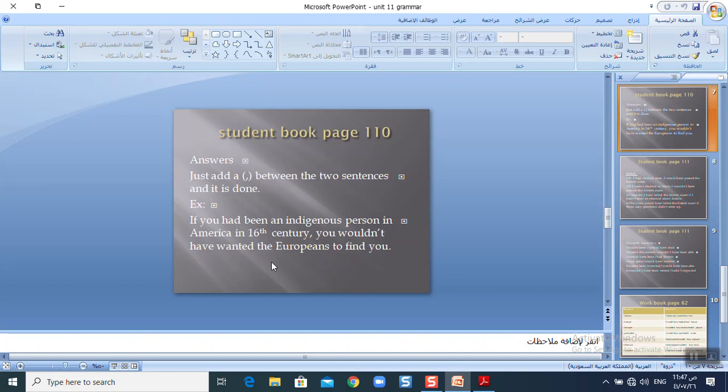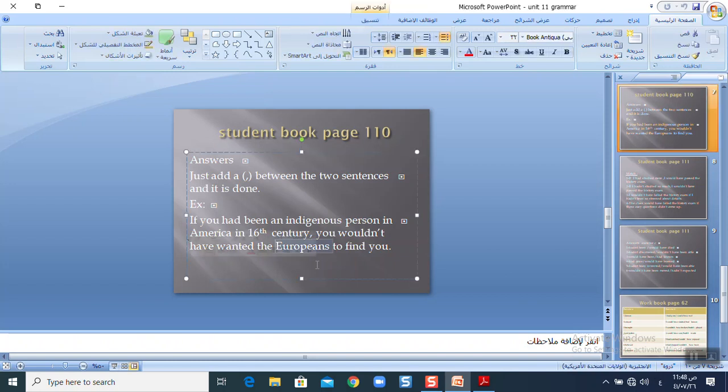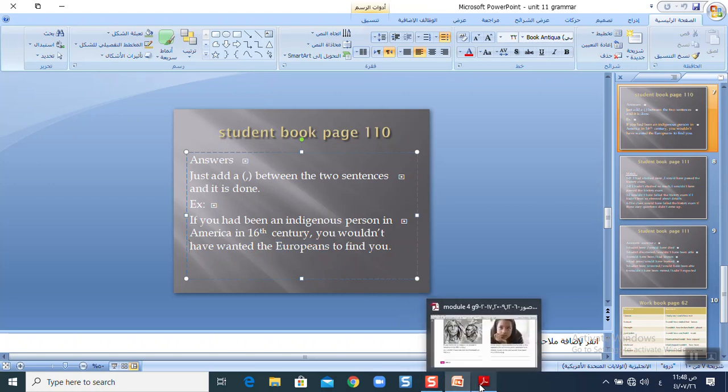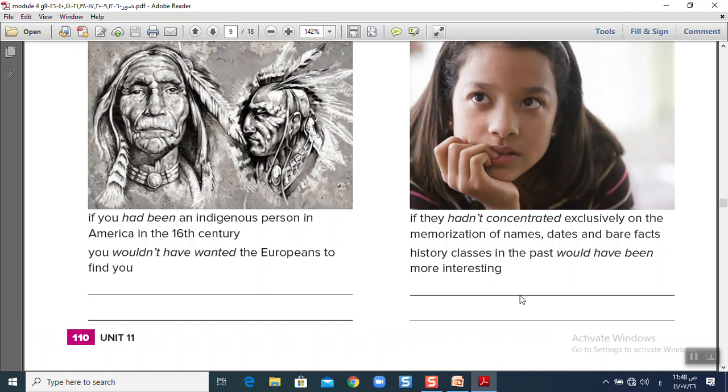If you had been an indigenous person in America in the 16th century, you wouldn't have wanted the Europeans to find you. I just added a comma between the two sentences, and this is finished. This is the solution of this exercise. Perfect.